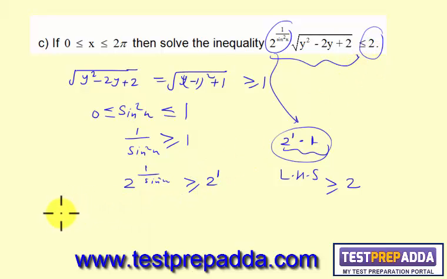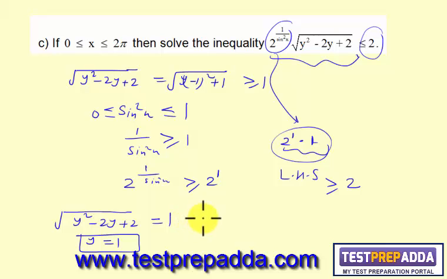So what will you do? √(y² − 2y + 2) will be written as 1, and if I write this as 1, then y will come as 1.